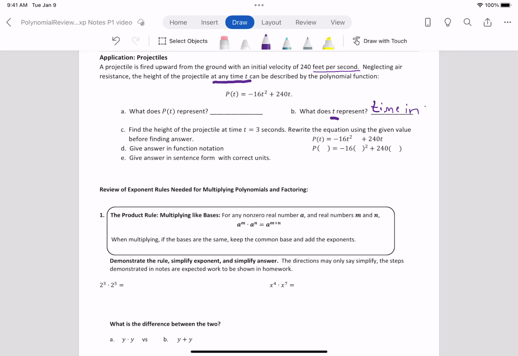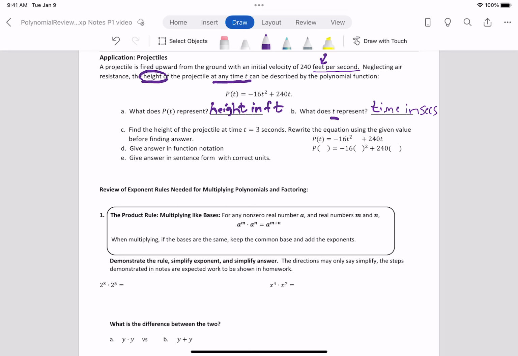So the time is in seconds. The p of t, if we have a given time, the problem says what we can determine is the height. So the p of t represents the height of the projectile at any given time, and the height is in feet.